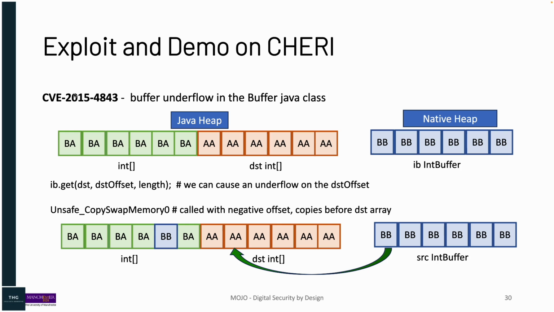So the CVE was from 2015, and I've just shown a simplistic view of what our memory layout for this program I'm executing is. On the native heap, we have this int buffer filled with Bs, and then on the Java heap, we have this dest int array filled with As, and then we also have this int array before the dest array just filled with BAs.